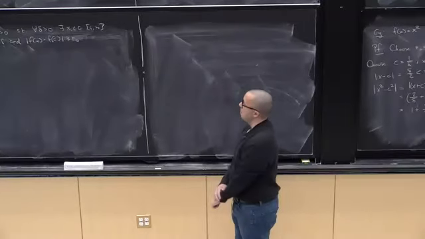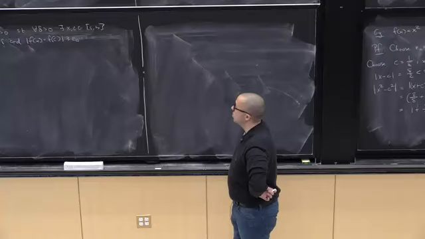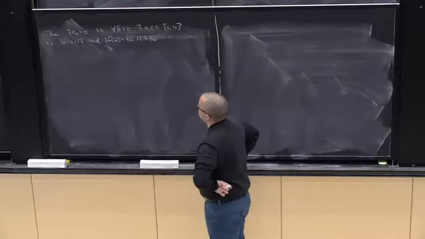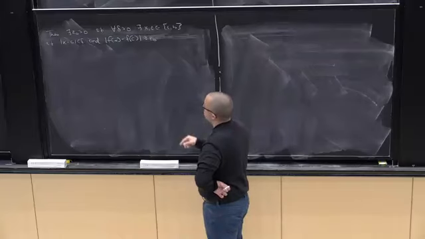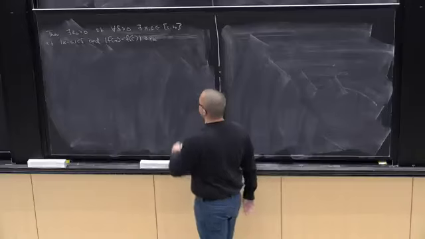Okay? Now, this holds for every delta. You can find the x and c so that x minus c is less than delta, yet f of x minus f of c is greater than or equal to epsilon naught. So let's choose delta to be 1 over n for each natural number n.